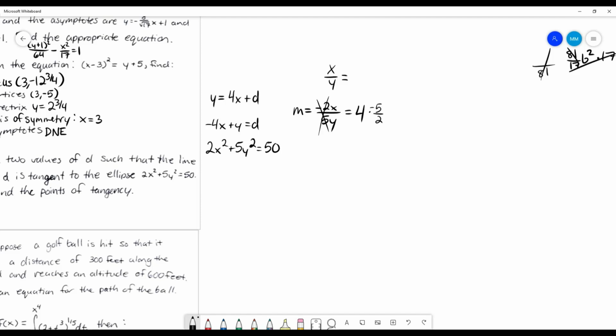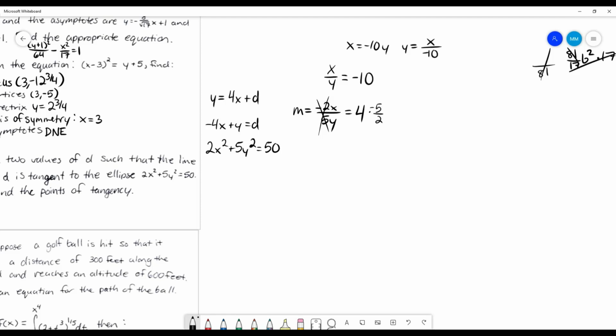So x over y is going to equal negative 20 over 2, or just negative 10. From there, I'm going to turn it into a y equals. So I'm going to multiply both sides by y, so I'm going to get x equals negative 10y, or y equals x divided by negative 10.